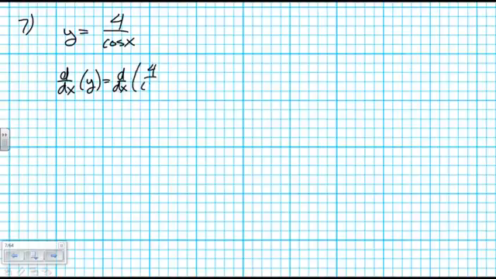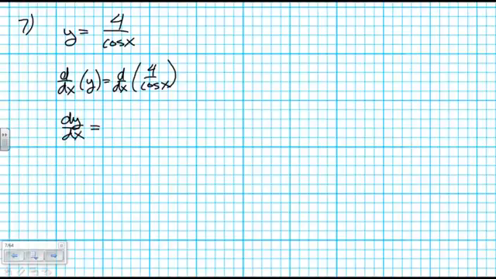Let's take a look at problem number 7. 7, y is equal to 4 over cosine x. Let's take the derivative with respect to x of both sides. Our left-hand side, as usual, dy dx.